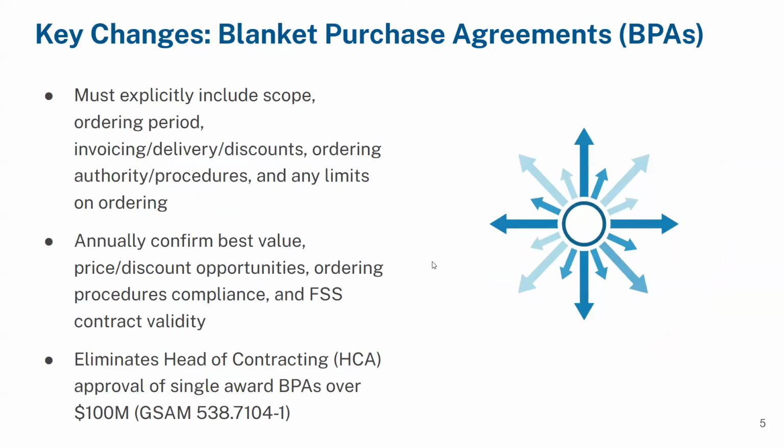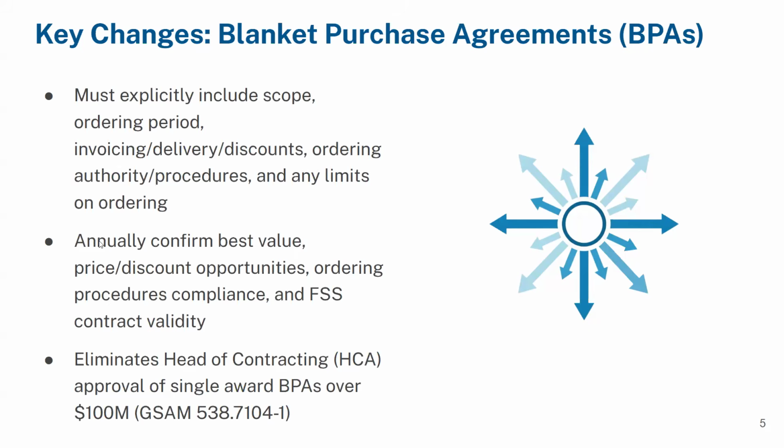Okay, some key changes for BPAs. You must clearly spell out the details of the BPA. You could interpret this as more prescriptive guidance in this area, but the intent here was to ensure clarity and consistency across the board for agencies that are establishing BPAs.